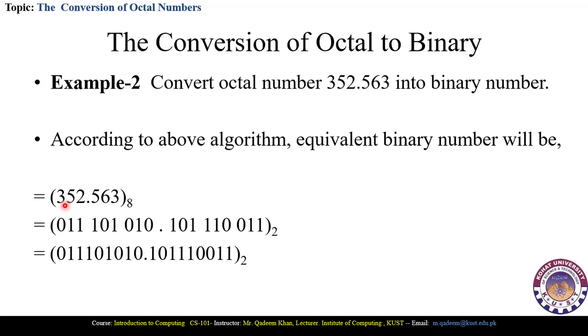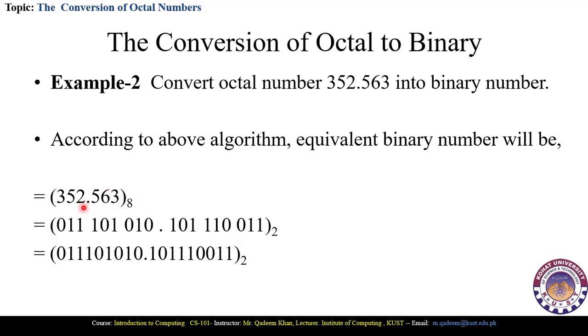So we take 3 and convert it; we get 011. When we convert 5, it will be 101, and when we convert 2, it will be 010. Then the point. Then 5 gives 101, similarly 6 gives 110, and 3 gives 011.